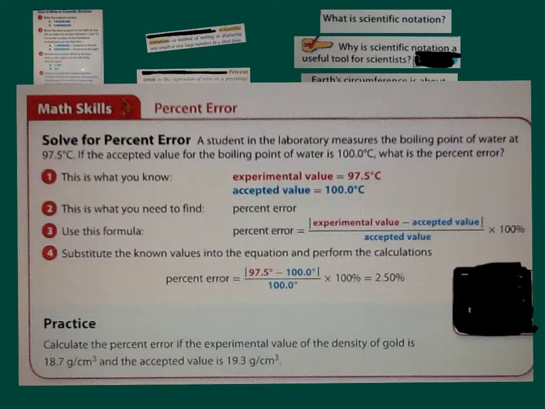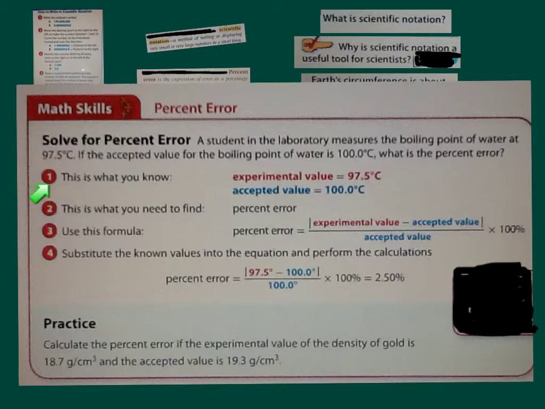A student in the laboratory measures the boiling point of water at 97.5 degrees Celsius. The accepted value, remember, is the value that the scientists accept, and the accepted value for the boiling point of water is 100 degrees Celsius. What is the percent error?